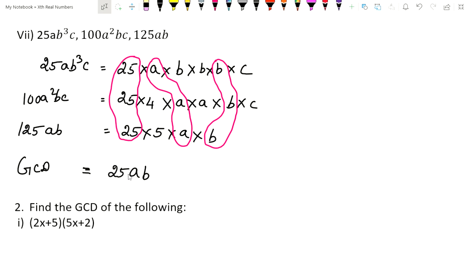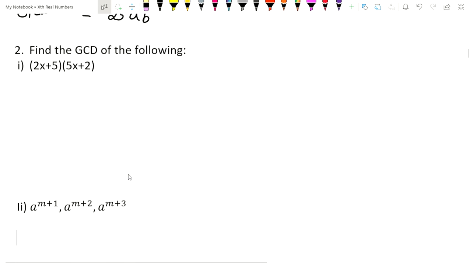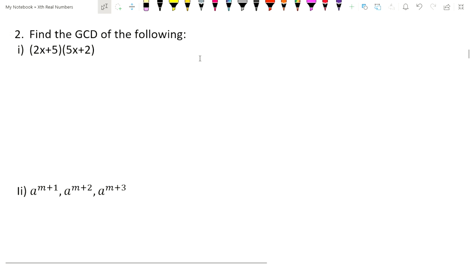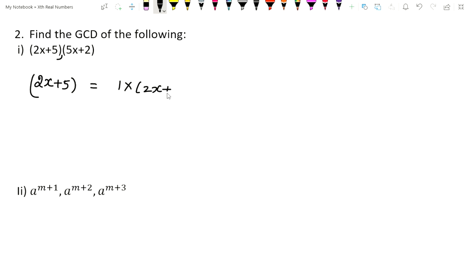Okay, children. See the next one. Find the GCD of the following. Your first term is 2x plus 5. So 2x plus 5 equals, how can you write this? 1 into 2x plus 5.